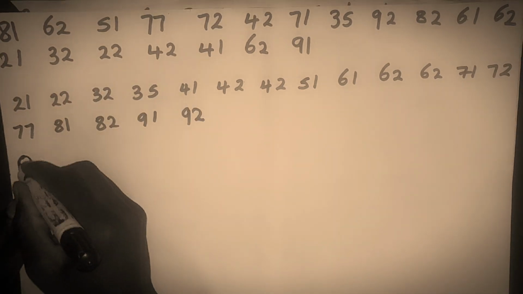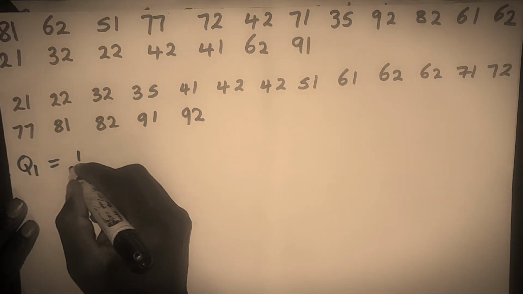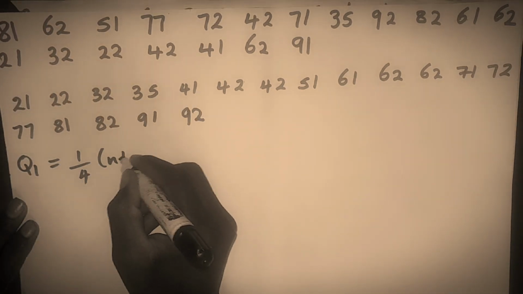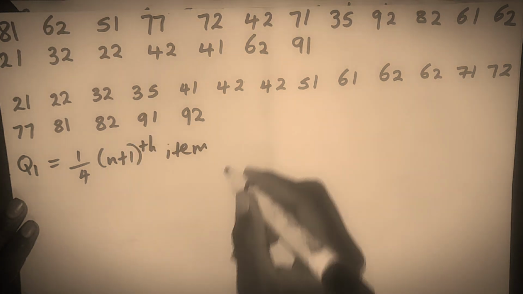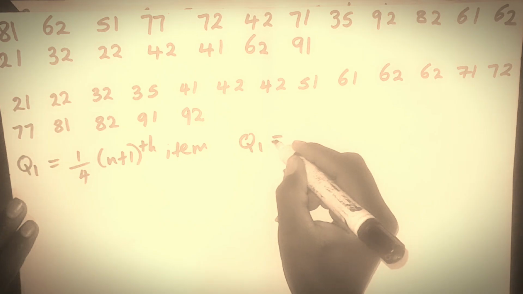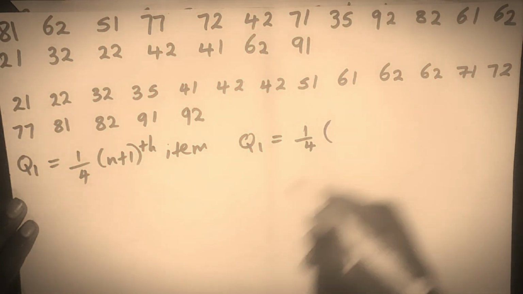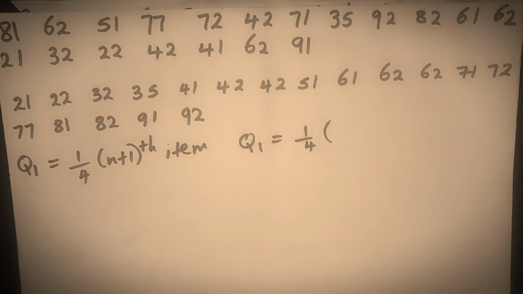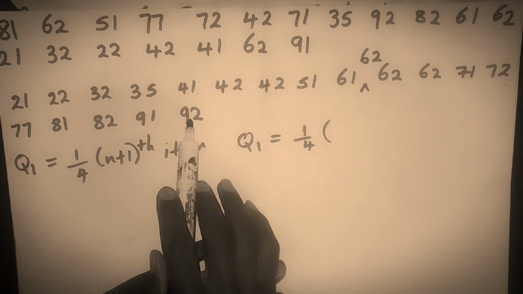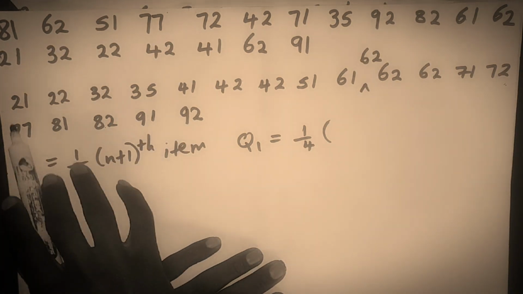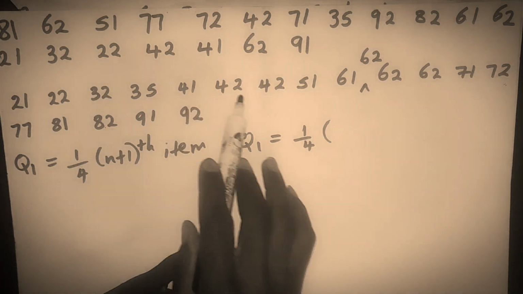The formula for the first quartile, we have said, is equal to 1 over 4 of n plus 1 the item. We have said that n is the total number of observations, so we have to count our observations. 1, 2, 3, up to 19.